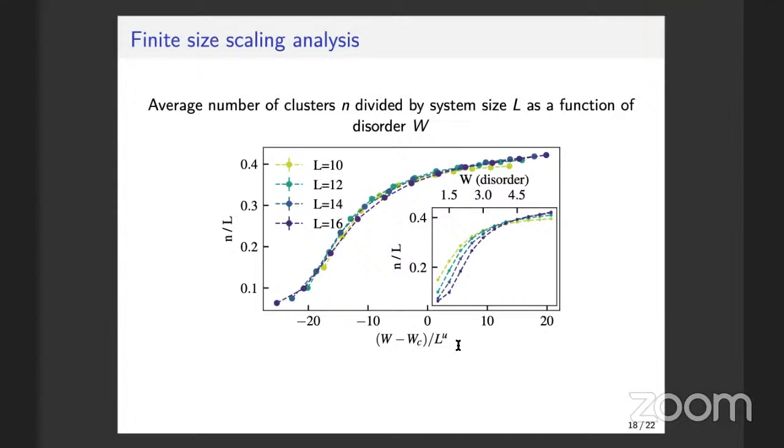u is somehow related to the exponent for the correlation length, isn't it? And I'm not sure what the correlation length is. Is it related to the cluster sizes? Right. So that's an interpretation you can have. You can say that the cluster size is related to the correlation length. But have you studied the cluster sizes as a function of W to check that?